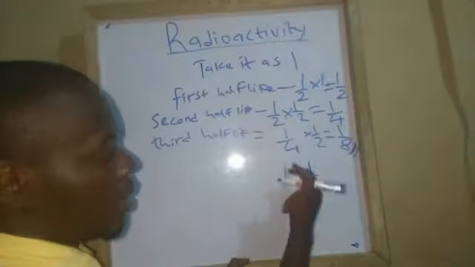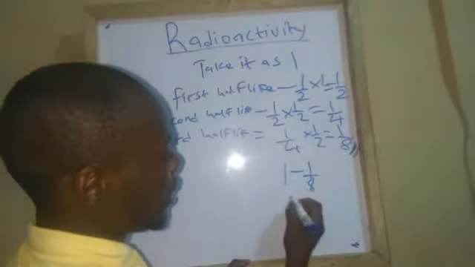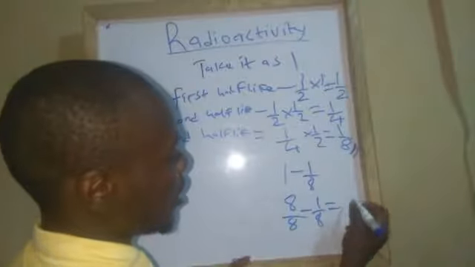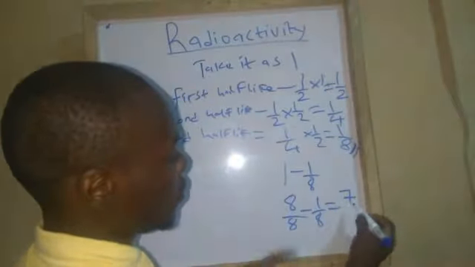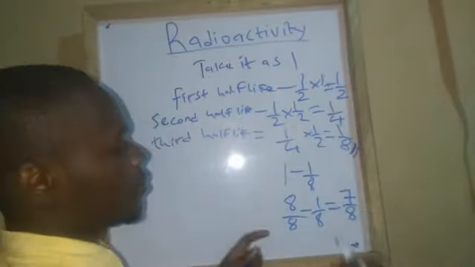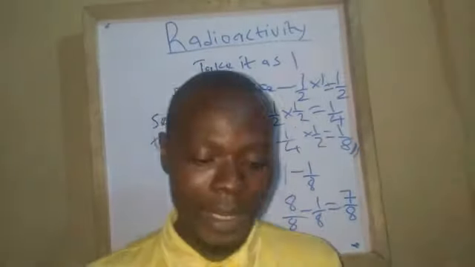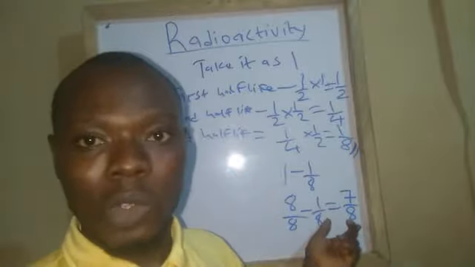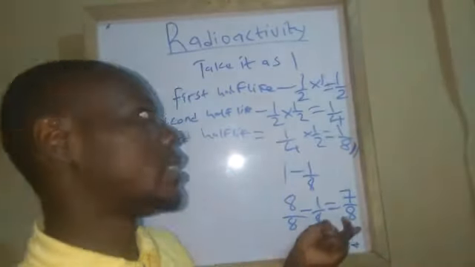I can turn this 1 into 8/8, it's the same thing as 1. So it will be 8/8 minus 1/8, which gives 7/8. Are you getting it? So this is telling us that after 3 half-lives, 7/8 of that substance has decayed.